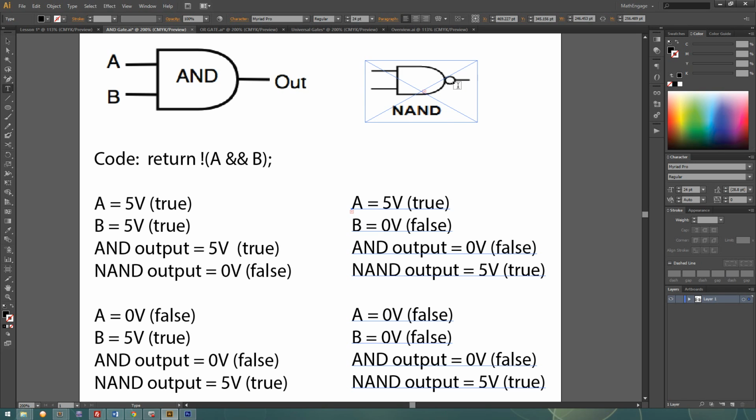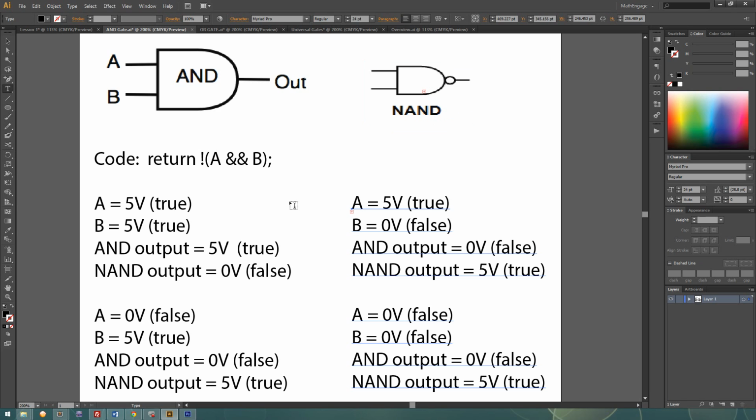This bubble means that whatever the output of an AND gate were to be, this bubble flips it around. If you recall from my earlier video, we described what a NOT gate was. A NOT flips whatever the input is. And so that's exactly what a NAND gate does. It flips whatever an AND gate does.